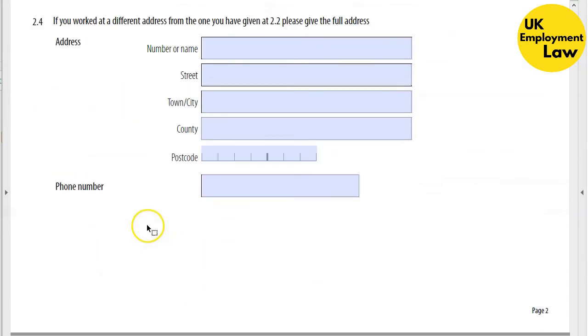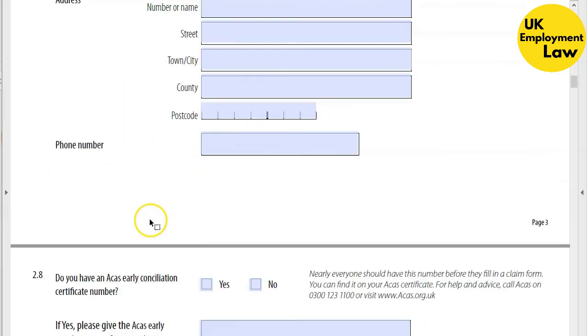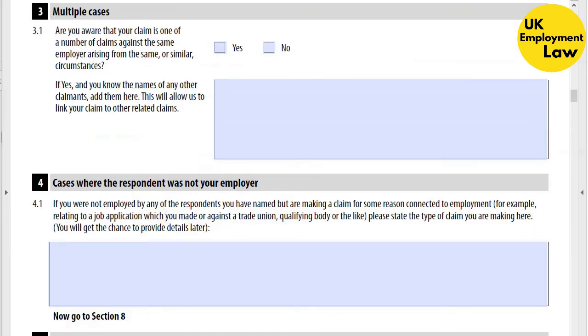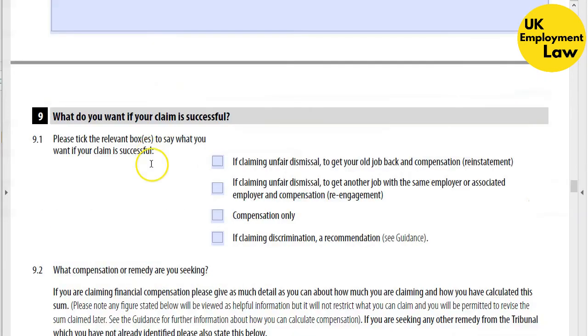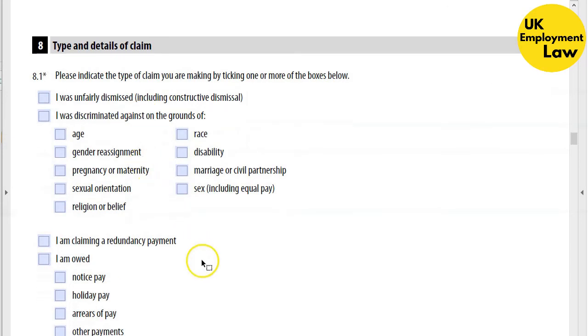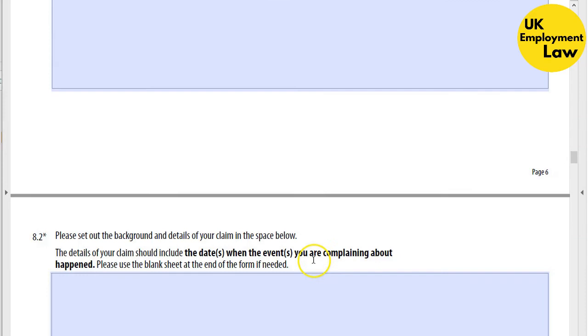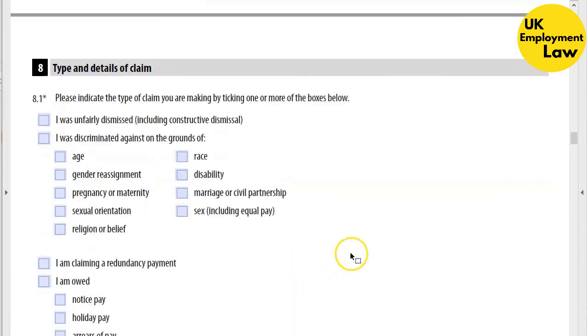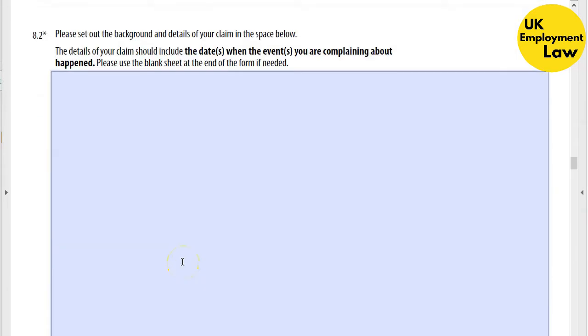Further sections which are marked with an asterisk are, I'm going to quickly jump on to that page, 8.1 and 8.2. You see, this is section 8.1 at page 6. It asks you about the type and details of claim. We will go through these one by one, but just for introduction purposes, this is 8.1 marked with an asterisk, and that is 8.2.